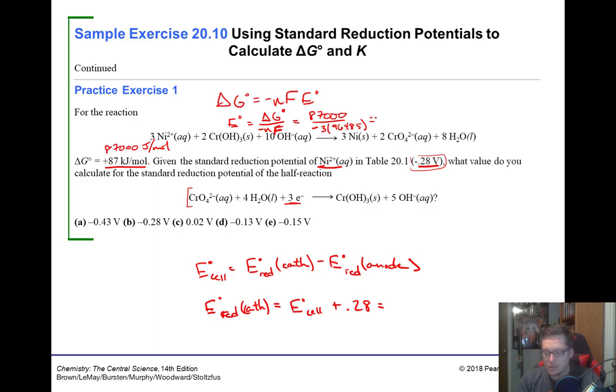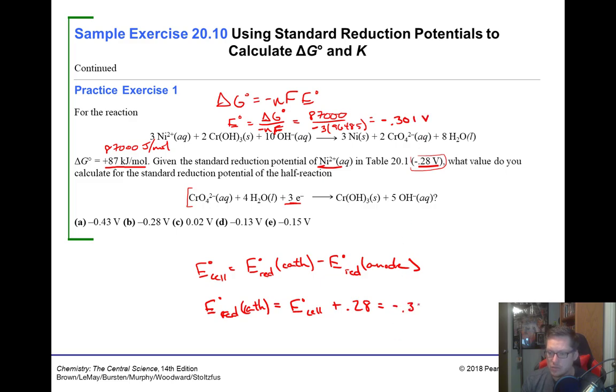We take 87,000 divided by negative 3 times 96485, and I got negative 0.301 volts. So all we have to do now is plug this in.